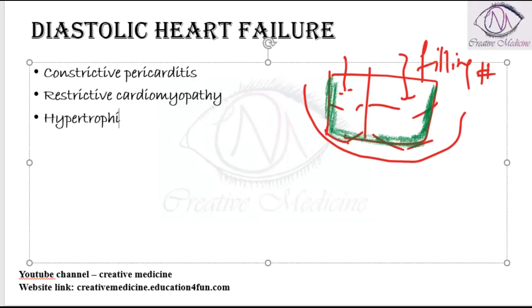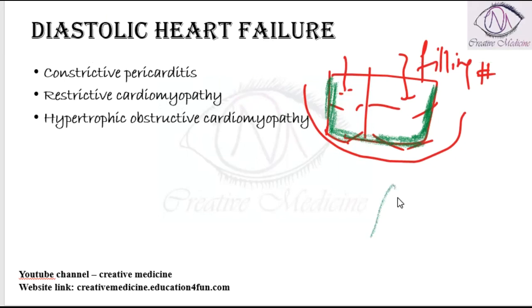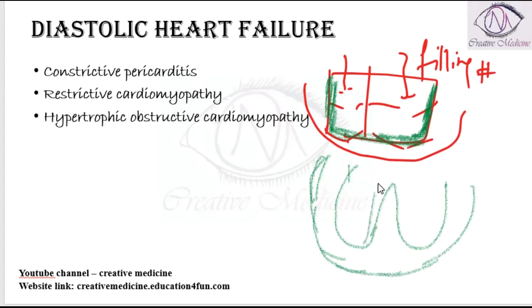Third, hypertrophic obstructive cardiomyopathy. Here you will see asymmetrical enlargement of the septum. There is hypertrophy in the cardiac muscle, but it is asymmetric, with mainly increased septal hypertrophy.